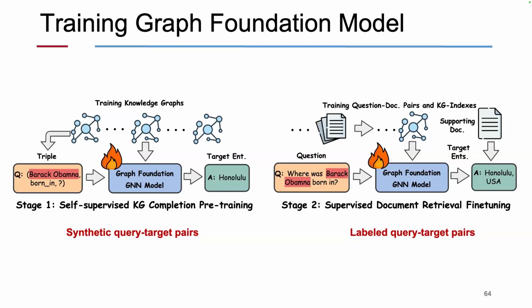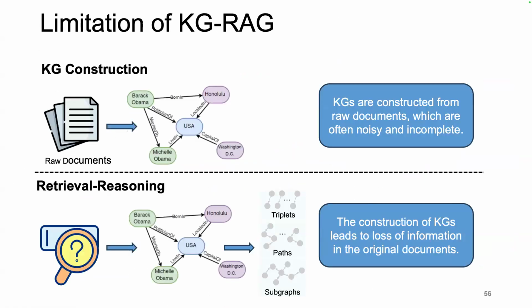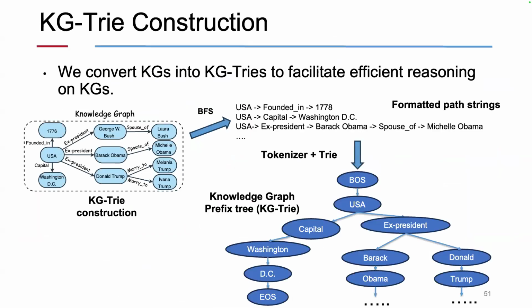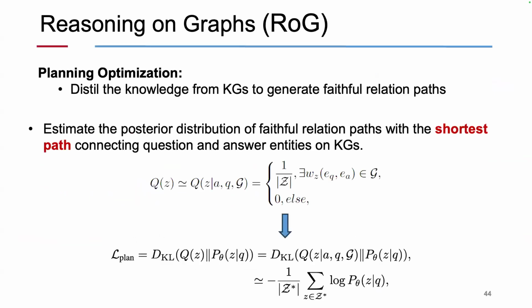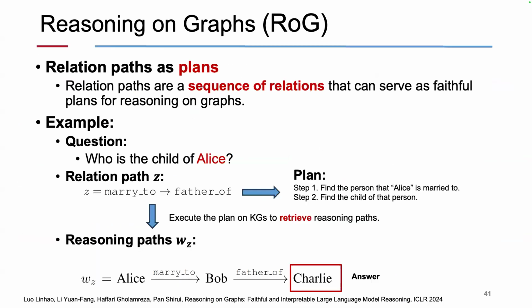One way to do it: if we consider our RoG paper, here we just utilize the relation path as the plan. But to conduct this kind of numerical operation, one way we usually do it is to generate some first order logic, right? So we can execute this logic on the knowledge graph to get the result.